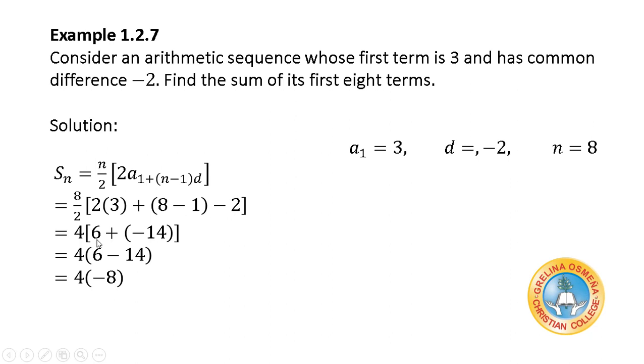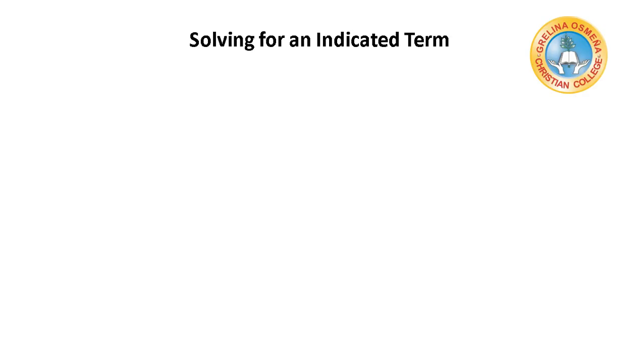So we have 6 plus negative 14, so 6 minus 14 is negative 8. So 4 times negative 8 is negative 32. So the sum of the first 8 terms is negative 32.